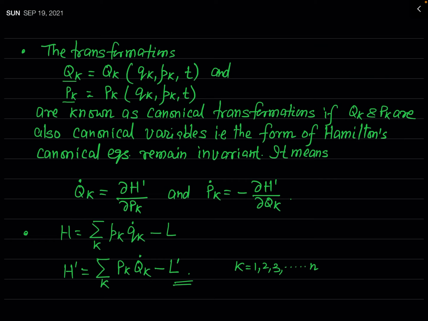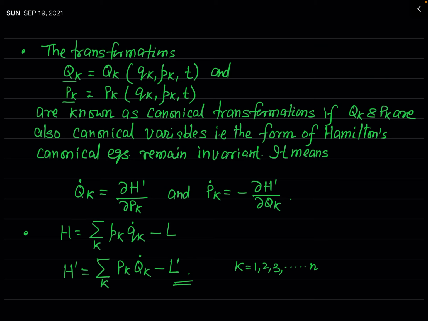When you say that these capital QK and capital PK, that is the new position and momentum coordinates, are canonical variables, what does it mean? It means that in terms of these coordinates, the form of Hamilton's canonical equations of motion does not change. If you define the Hamilton's canonical equations of motion in this new coordinate system, then they must be in this form.